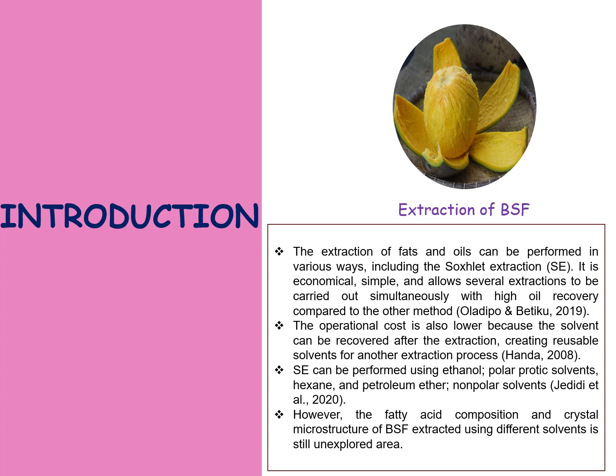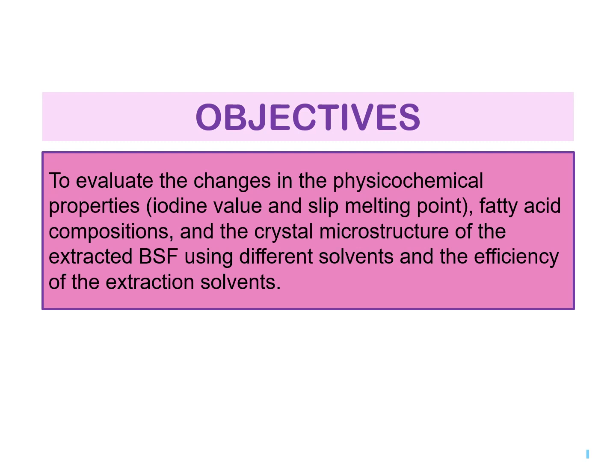So we wanted to determine the changes in the physicochemical properties, specifically the iodine value and slip melting point, and then the fatty acid compositions and crystal microstructure of the extracted Bambangan seed fat, as well as the efficiency of the extraction solvents.